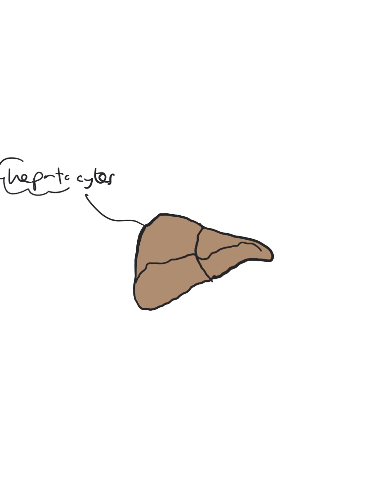Now, looking at these cells, these are incredibly metabolically active, so high metabolic rate, and that means that they can divide and replicate, which is really important to the role of the liver.